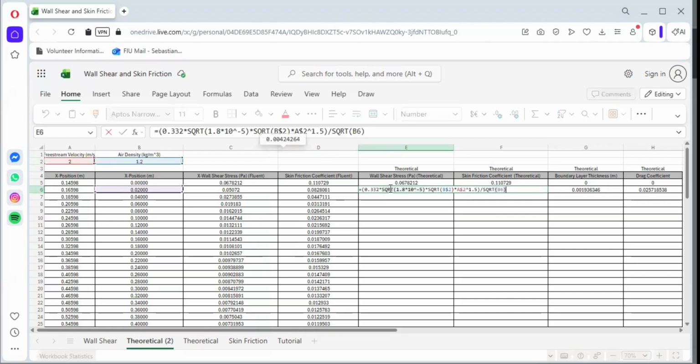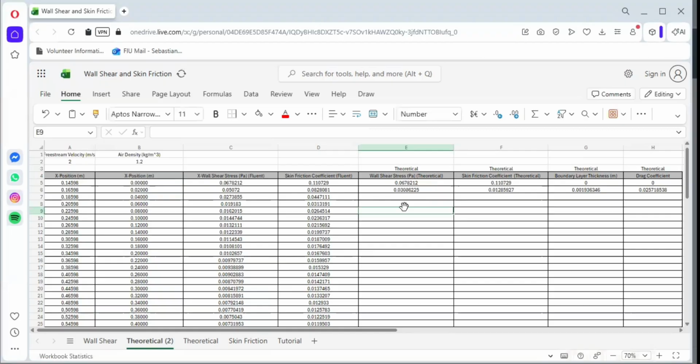Here we have the wall shear stress: 0.332 times the square root of the viscosity times the square root of the air density times the free stream velocity to the 3/2 power over the square root of the position that we're at on the flat plate.